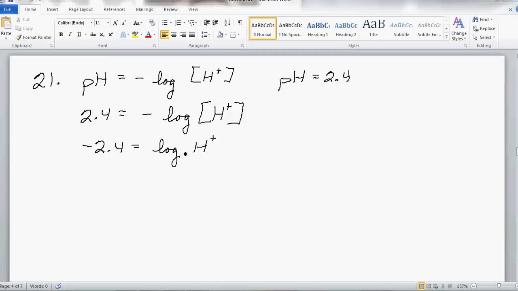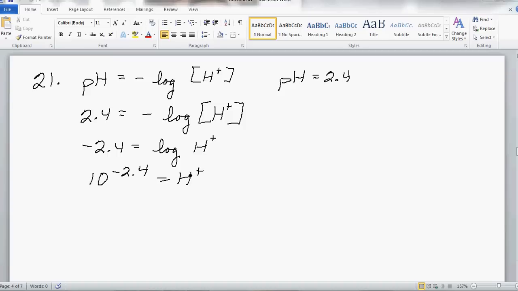And now, since I didn't put it here, but they did, it's actually a 10, common logarithm, then we know it's 10 to the negative 2.4 is what the hydrogen ion is.